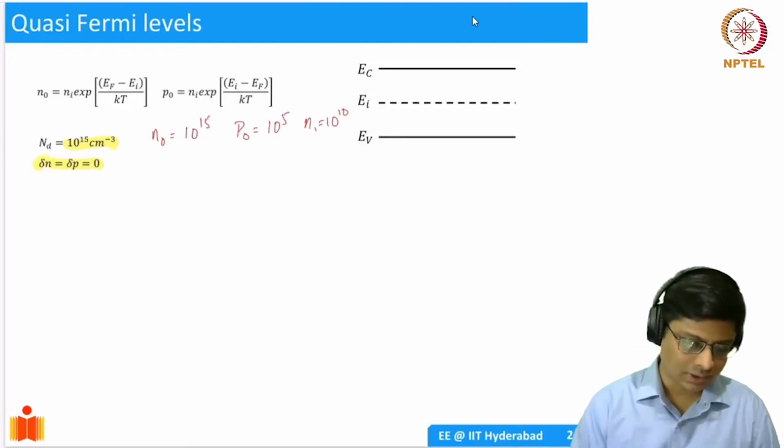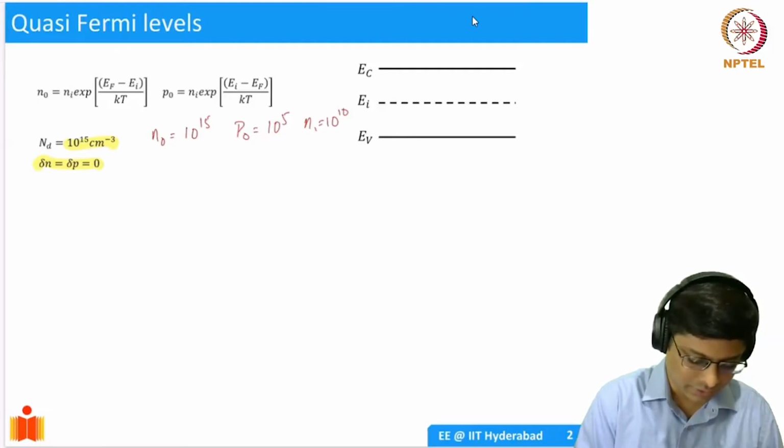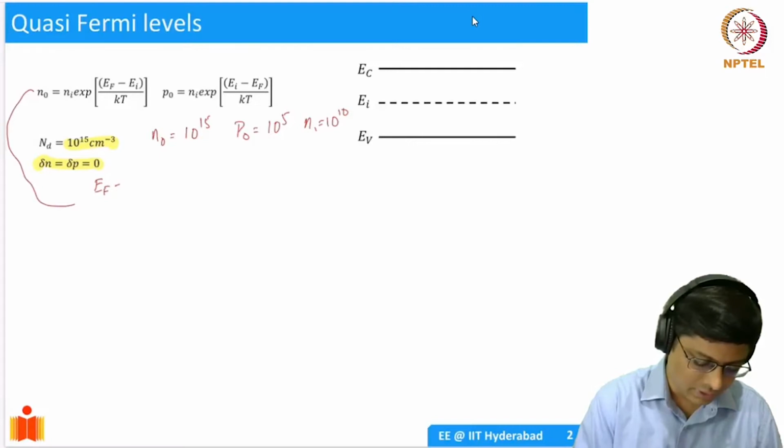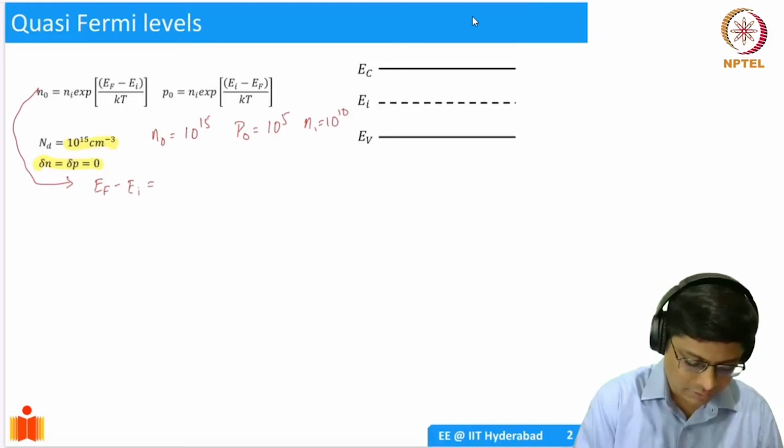I'll just do it one more time in case somebody is joining afresh. By rearranging this equation, EF minus EI is equal to KT ln of N naught by Ni.